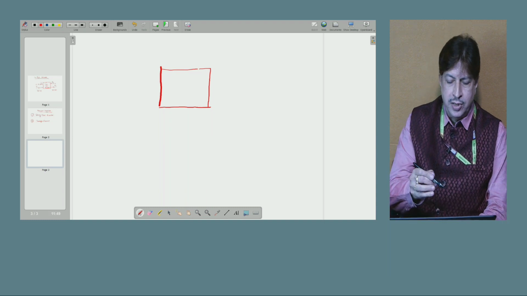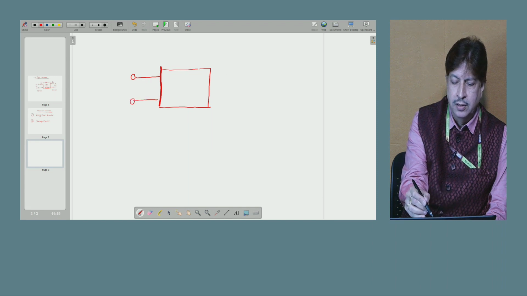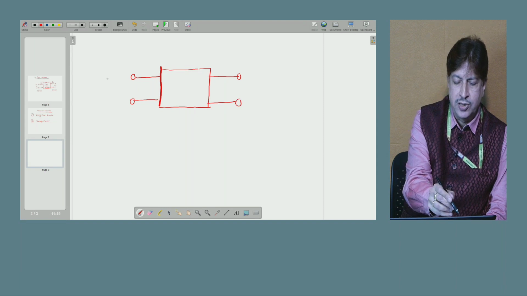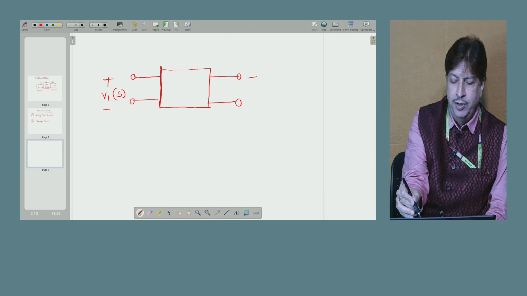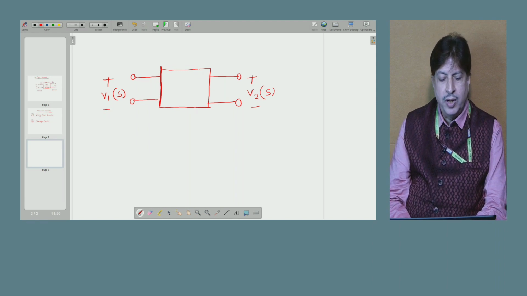So let us consider a two-port network with V1(s) and V2(s) as Laplace transformations of input and output port voltages.